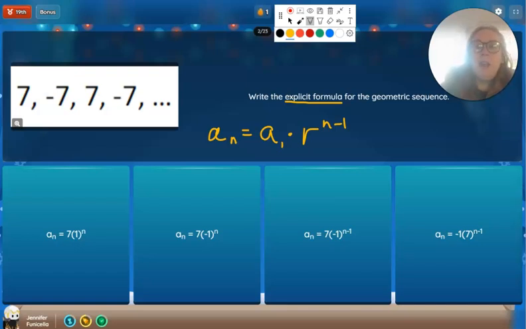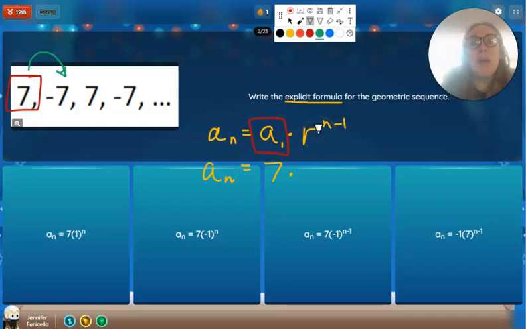So if we wanted to find a sub n here, we would need our first term, our a1, which in this sequence is a 7. So we would start with 7 times, to find the common ratio, how do we go from 7 to negative 7?